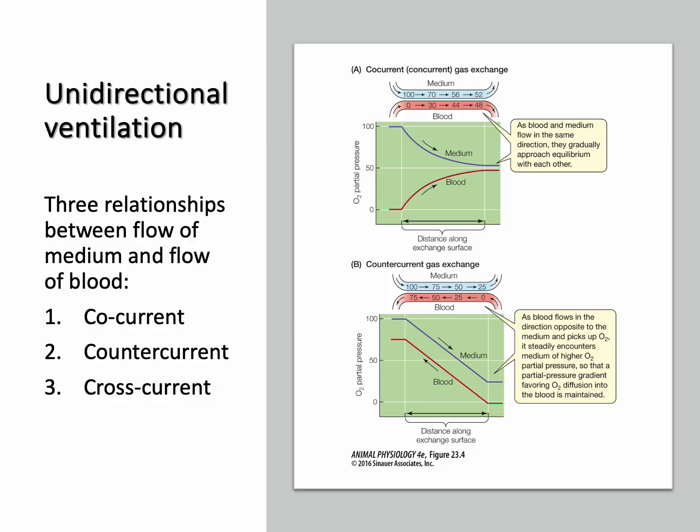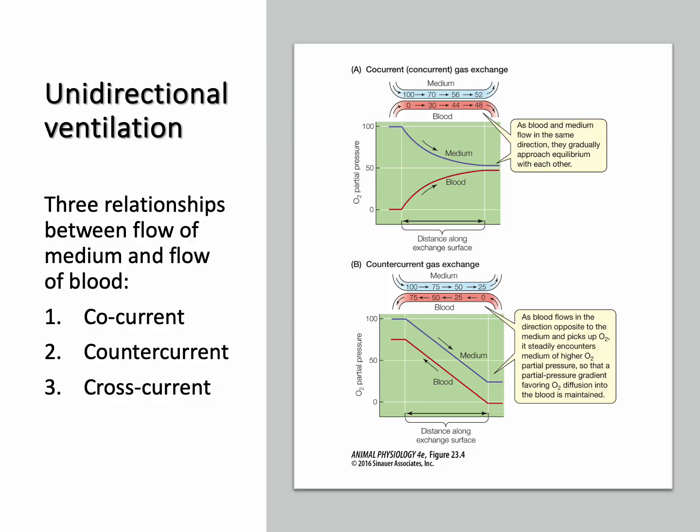But unidirectional ventilation is going to be a little different. There are 3 different relationships that you're going to see with blood flow in unidirectional ventilation. Either it's co-current, meaning the medium, like the air or the water, flows in the same direction that the blood flows.